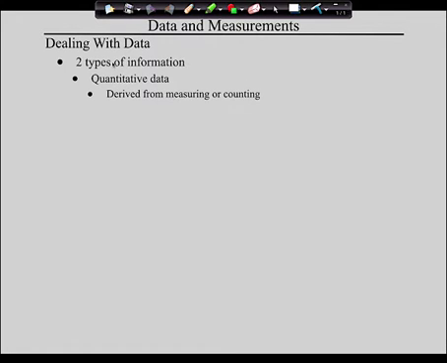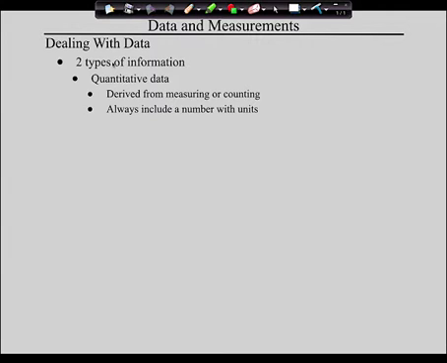So when we talk about quantitative data, we're talking about data that is derived from measuring or counting. Now here's the trick. If you're measuring or counting something, that data always needs to include numbers and units.